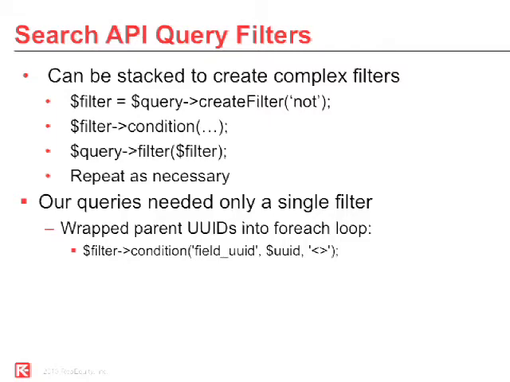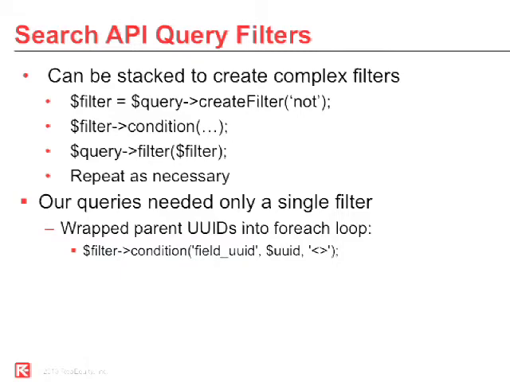If you're at all familiar with the Lucene query language, really what we're doing here is just using Search API's functions to create a Lucene query string. And what Search API allows us to do is create more complicated Lucene query strings by creating multiple filters.